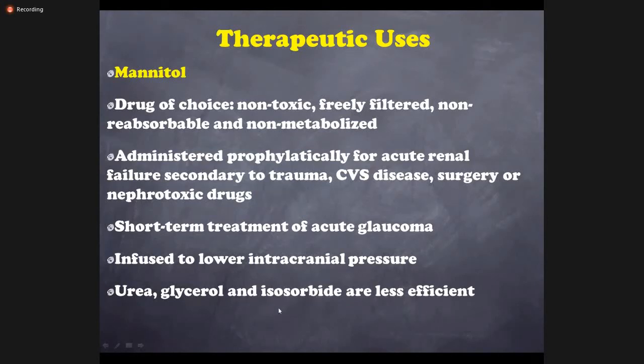Urea, glycerol, and isosorbide are less efficient. If you don't remember any other example of this group, you must remember mannitol.